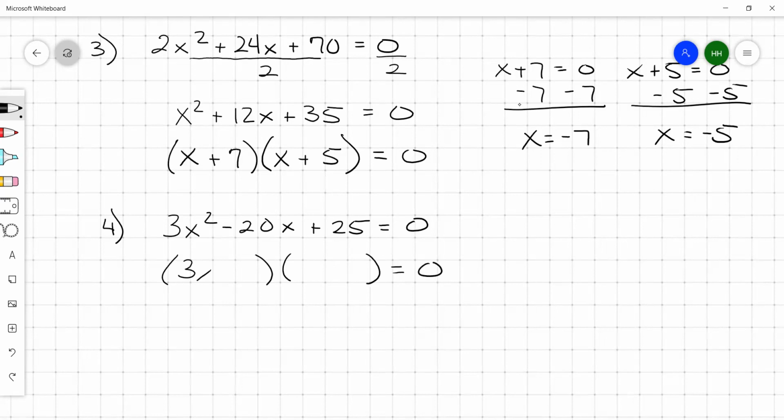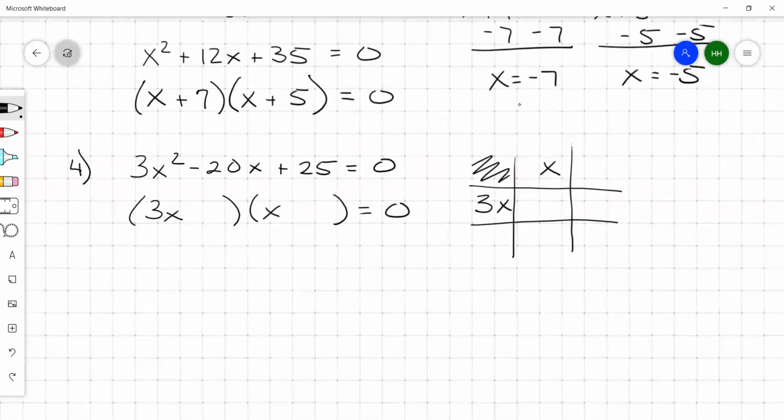So we need a 3x and an x. And we need to draw a table. We clear out this quadrant and we go 3x and x. We're working with factors of 25. So you got 1 and 25 and 5 and 5. I'm going to try 5 and 5.